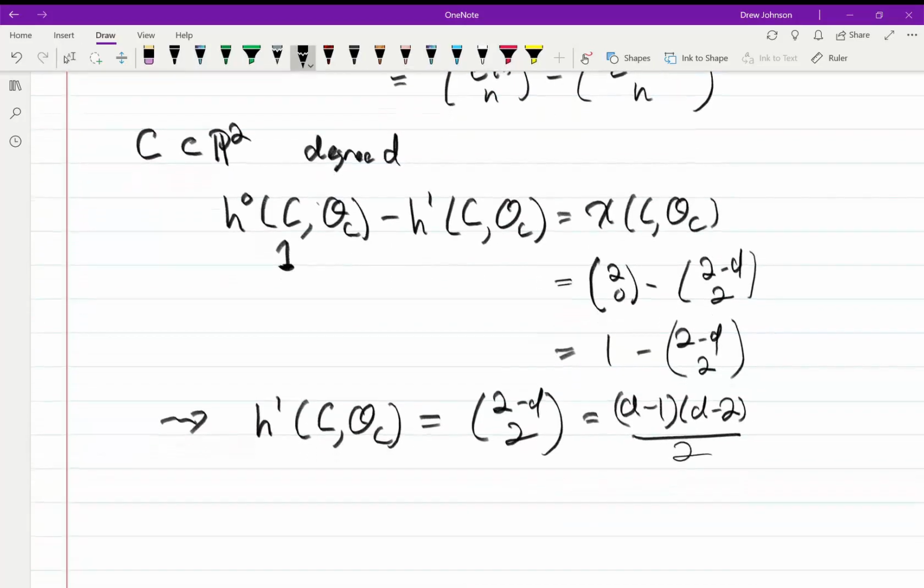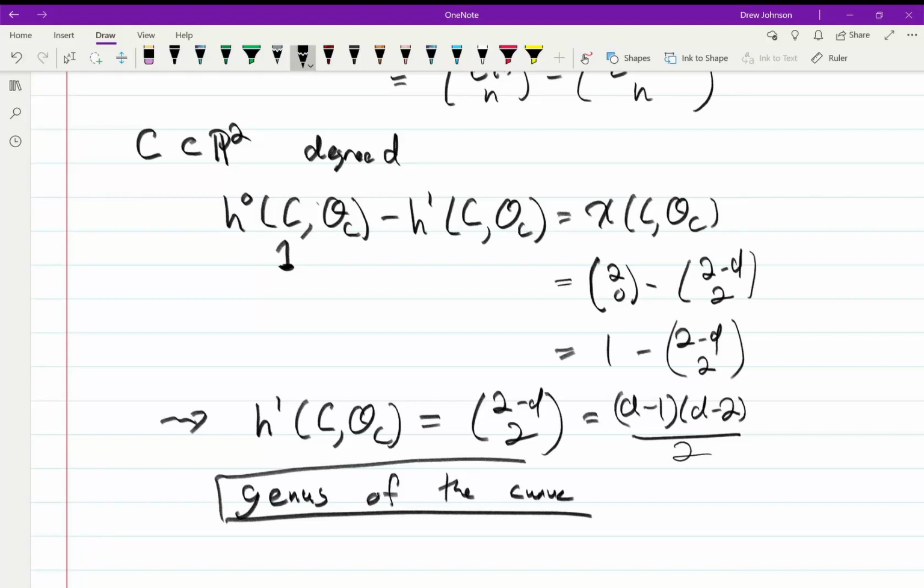Okay, this number here is often called the genus of the curve. All right, and this is an invariant of the curve, meaning that if you pick any curve, it has a structure sheaf, right? And you can take the first cohomology group of the structure sheaf, and it doesn't matter how the curve was defined or where it came from. You can always take this number, and if the curves were isomorphic, you should get the same number no matter where the curve came from originally. So this is an important number called the genus of the curve.